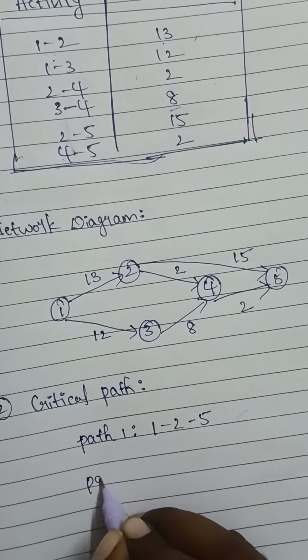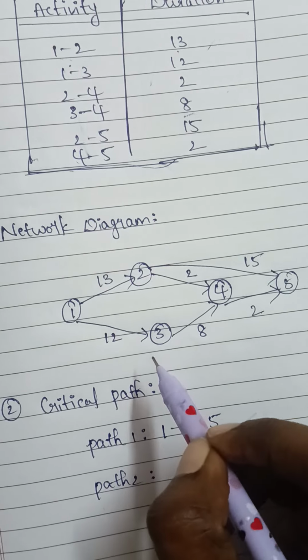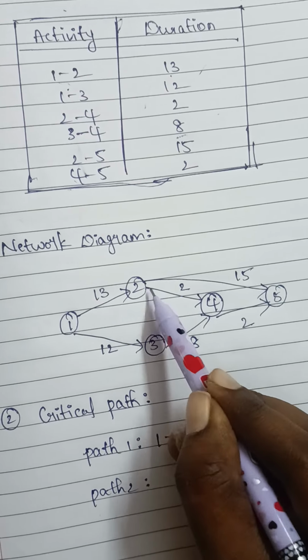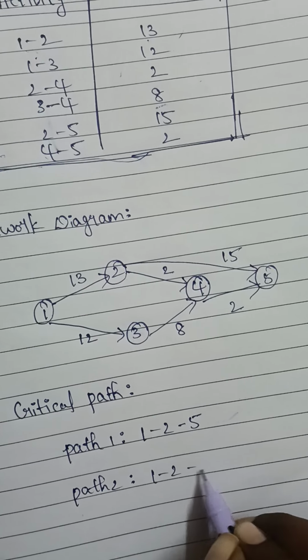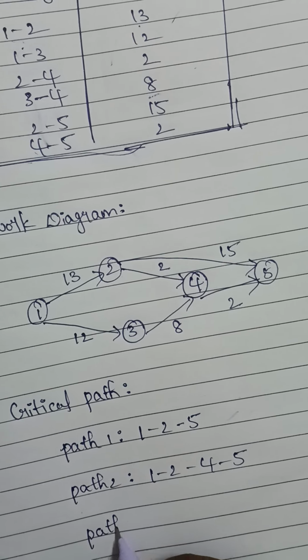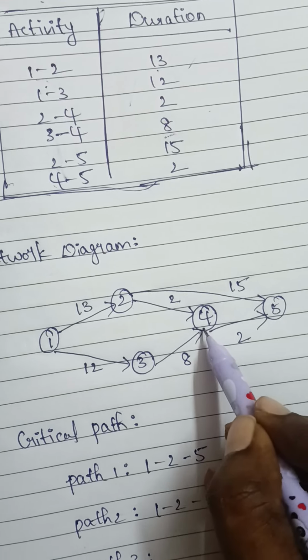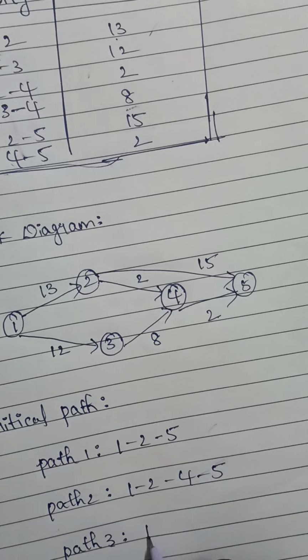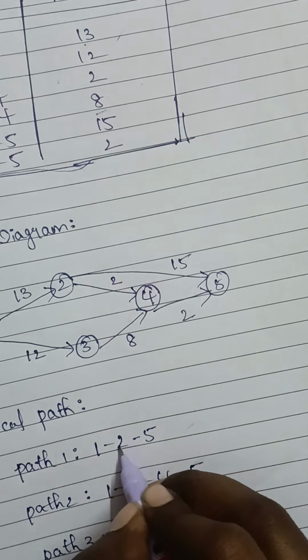Path 2 is 1 to 2, 2 to 4 and 4 to 5. And path 3 is 1 to 3, 3 to 4 and 4 to 5. These are the paths we found.